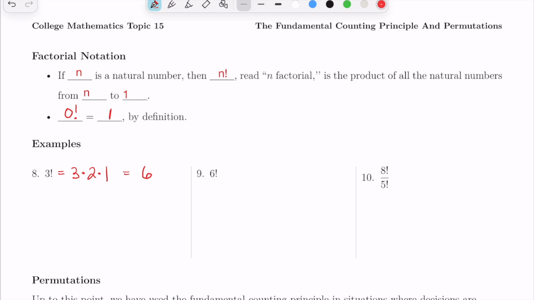The next one, which of course would be read as 6 factorial, is how you would actually say that out loud. 6 factorial is 6 times 5 times 4 times 3 times 2 times 1.